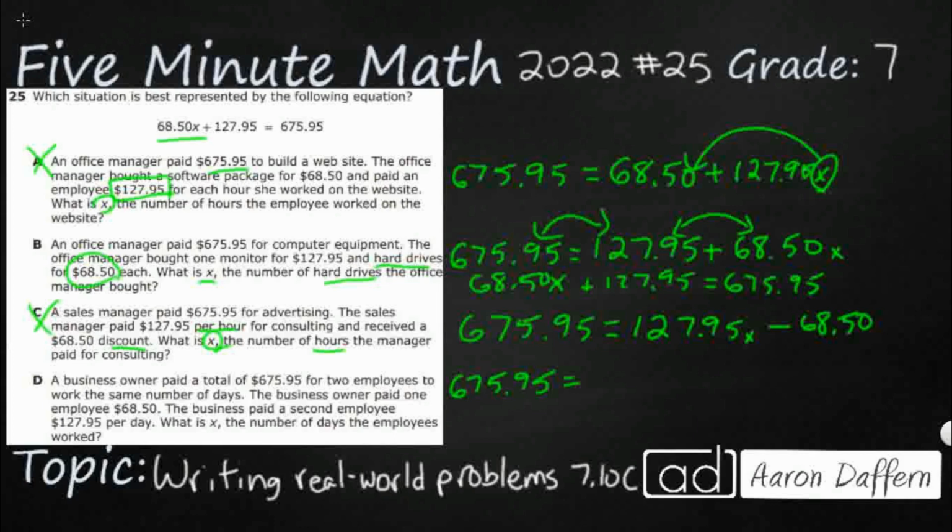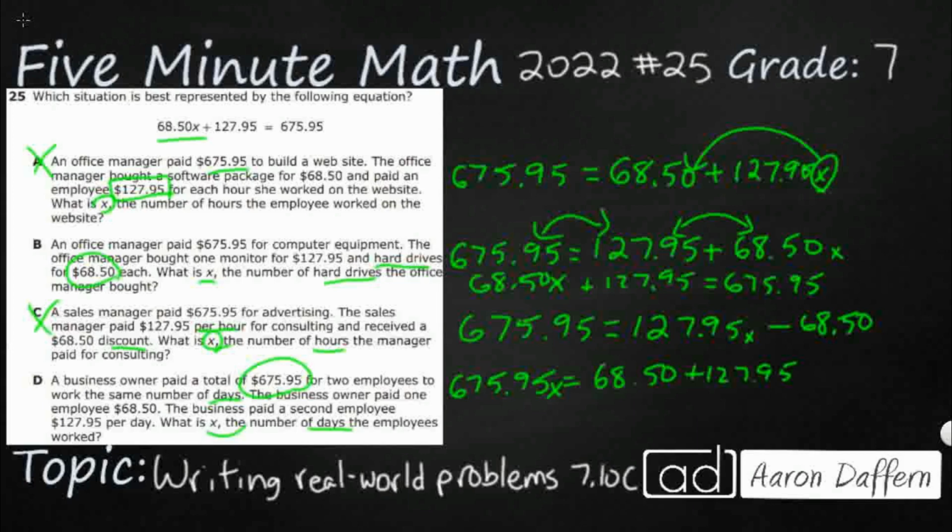So for two employees to work the same number of days, it almost looks like that X is going to go there. The 68.50 and the 127.95 are kind of over here. But the X, the number of days, is going right there.